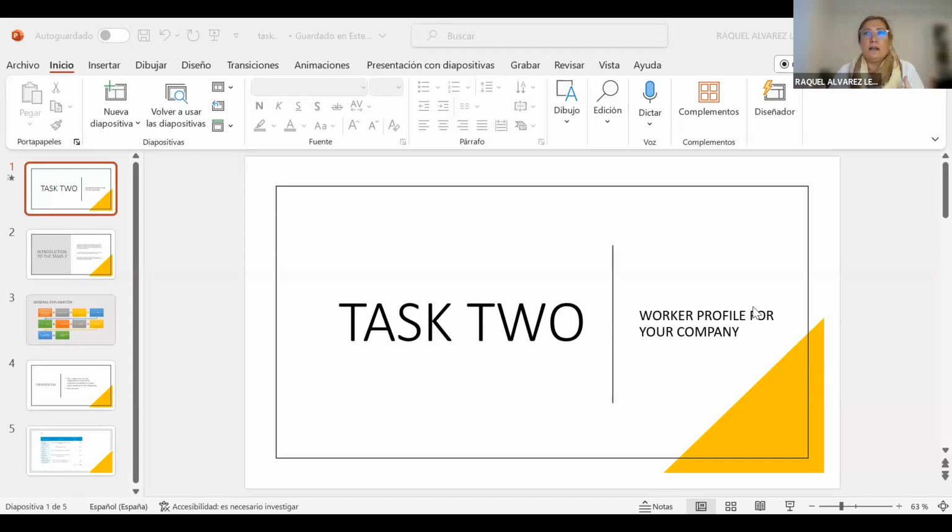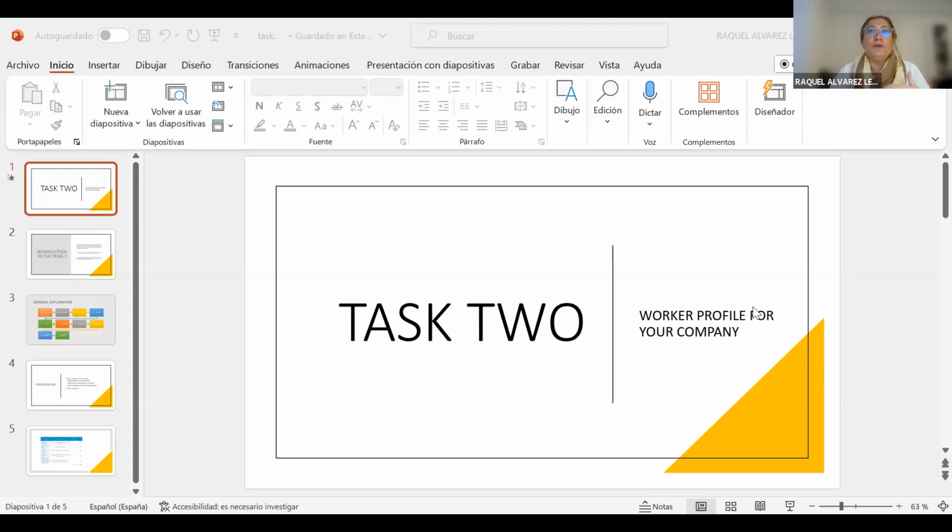In others there is a hybrid way of working or a virtual way of working. So in this task, and depending on the company, depending on the business you run, you are going to need different profiles.